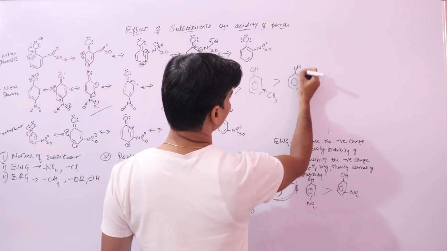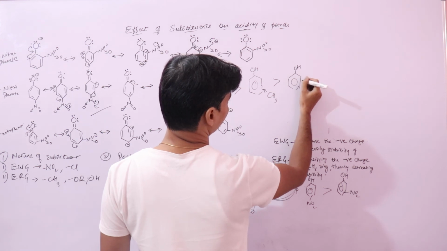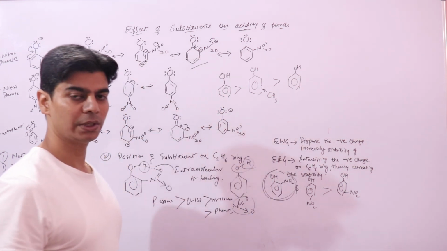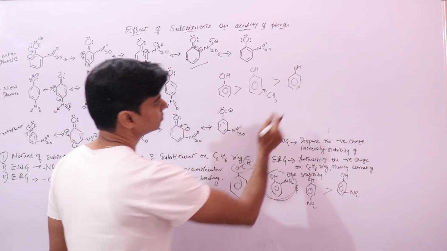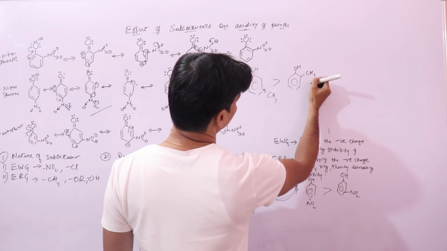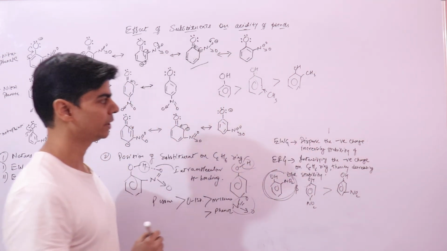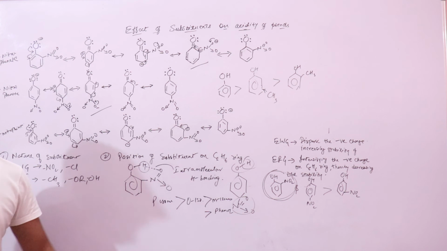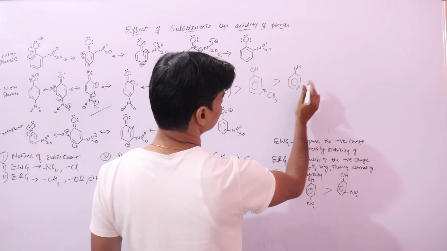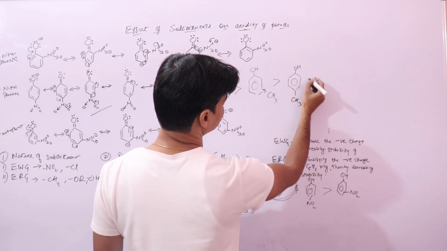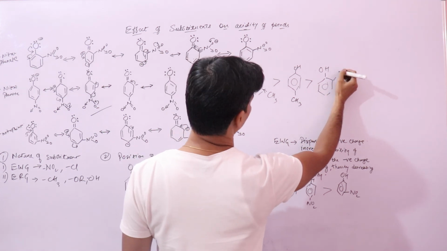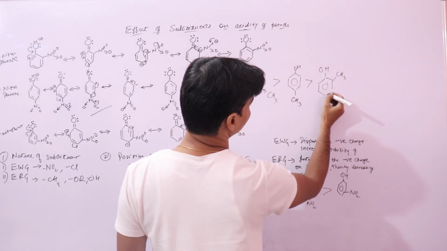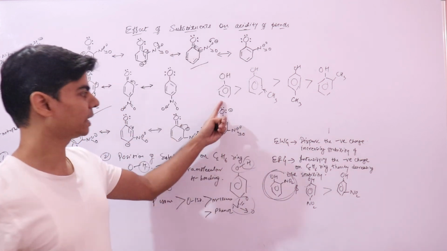When the substituent is present at the ortho and para positions, it is still less acidic. Sorry, the para should come first. Then your ortho is your least acidic. This has maximum acidity.